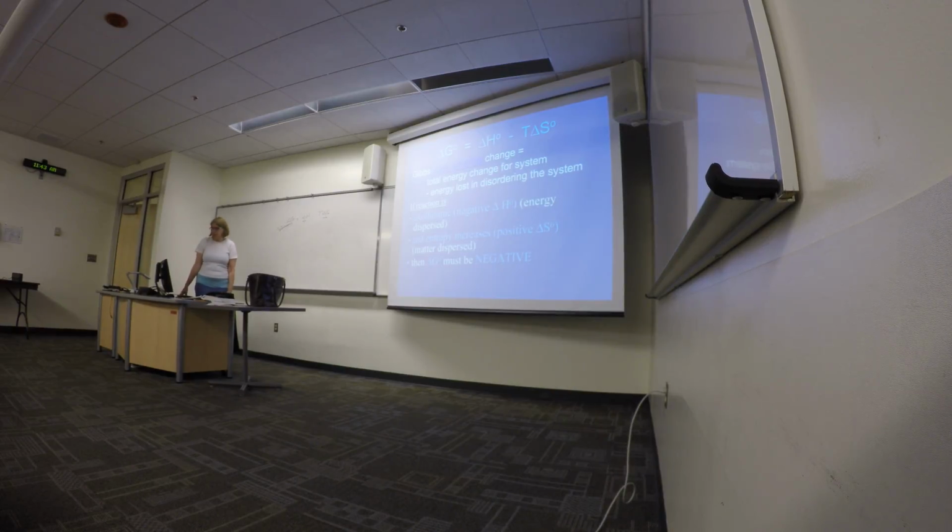All right, so the Gibbs free energy change is equal to the total energy change for the system minus the energy lost in disordering the system. If the reaction is exothermic, meaning that energy is dispersed and the entropy increases, and matter is dispersed, then the standard change in free energy must be negative.